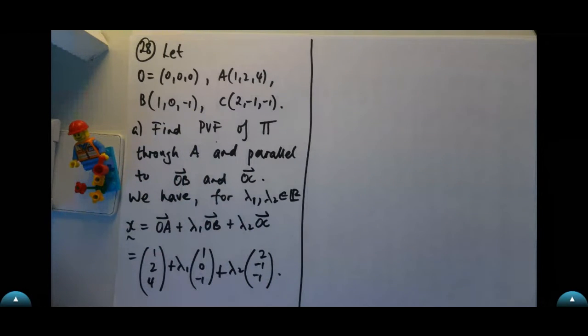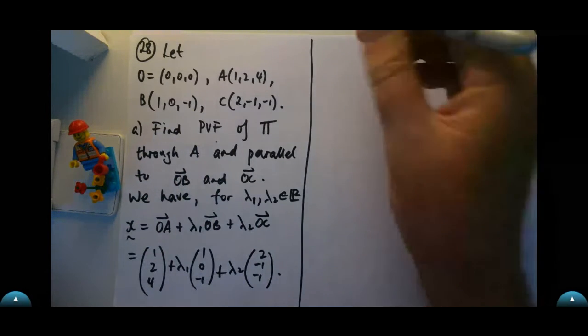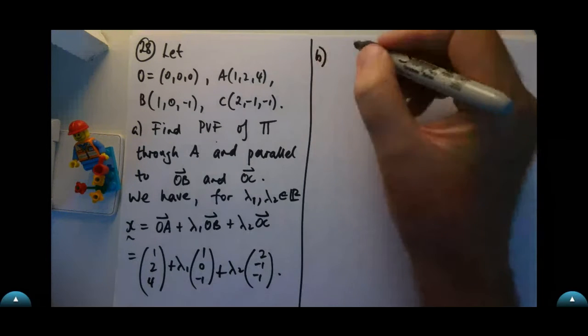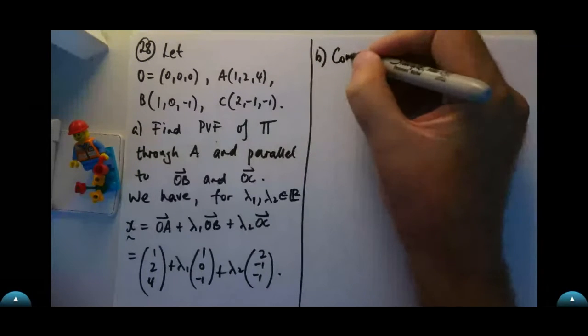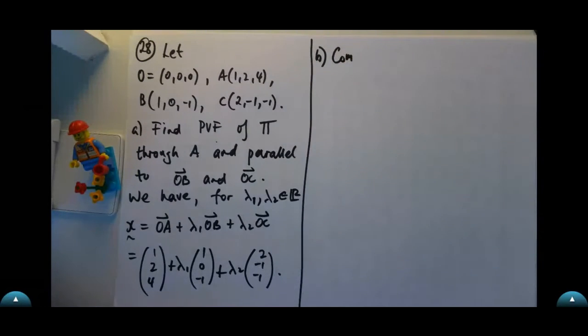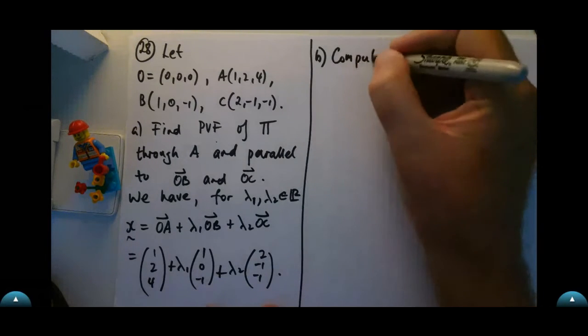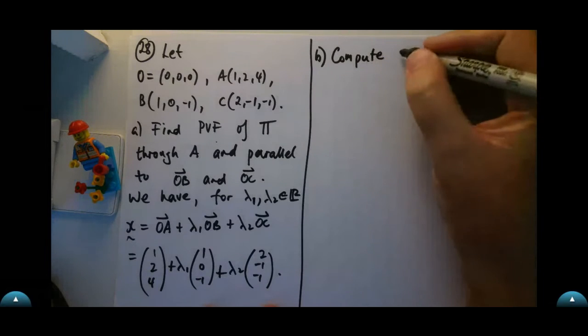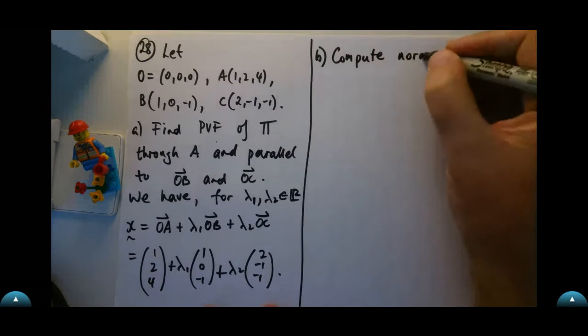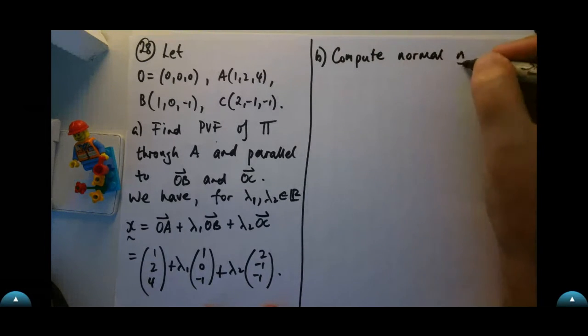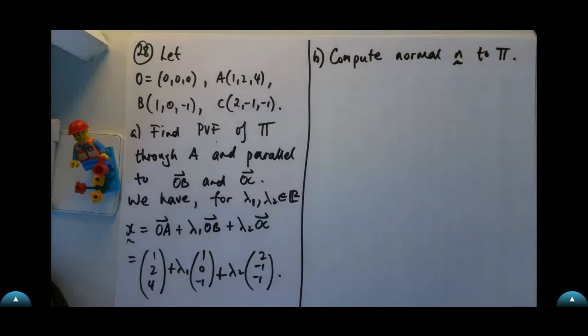Okay, so find a normal. The next one is compute a normal vector n to pi.